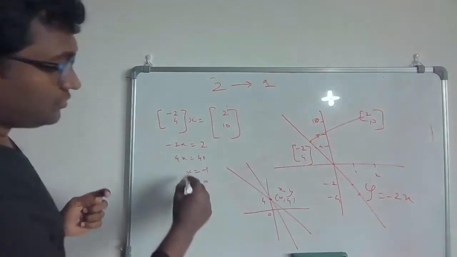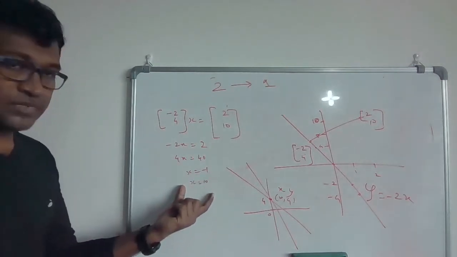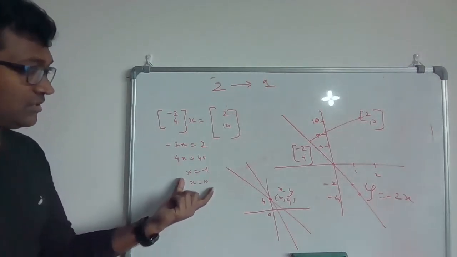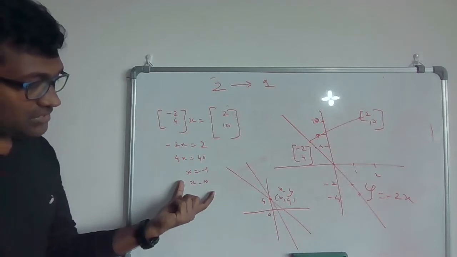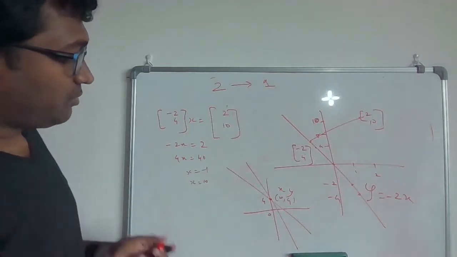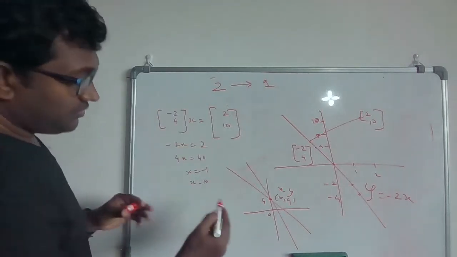So you have two contradictory values, which is not a solution for this equation. You don't have a perfect solution, so you have a system of inconsistency.